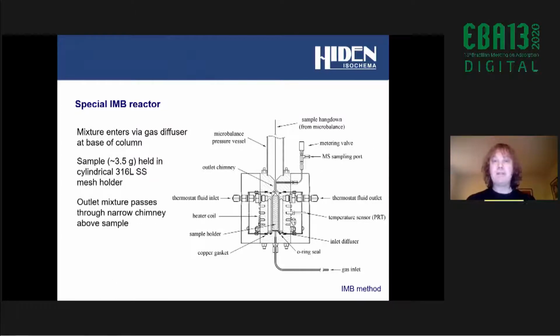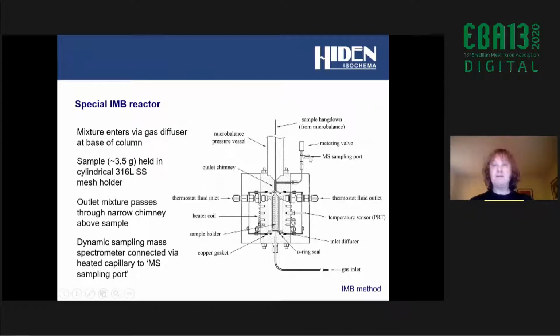And then once it's passed through the column, the gas mixture passes through a narrow chimney, above the sample. The mass spectrometer is then connected at this place here via a capillary that monitors the pressure drop from the measurement pressure down to the vacuum required in the mass spectrometer chamber.